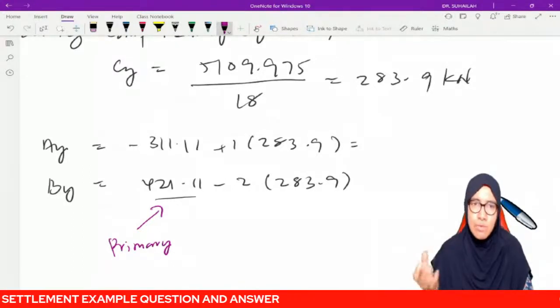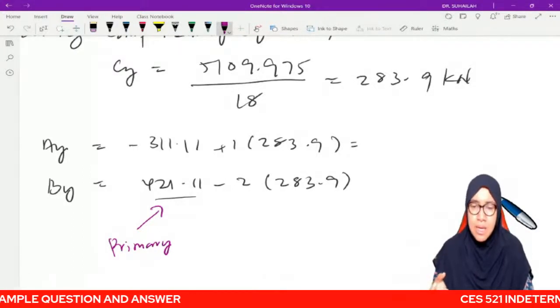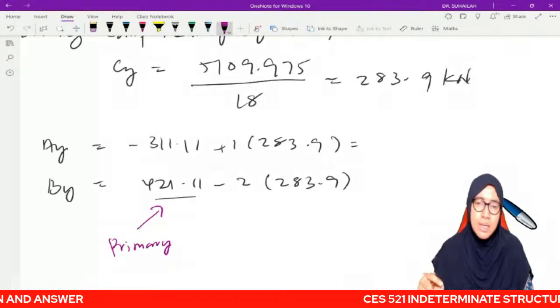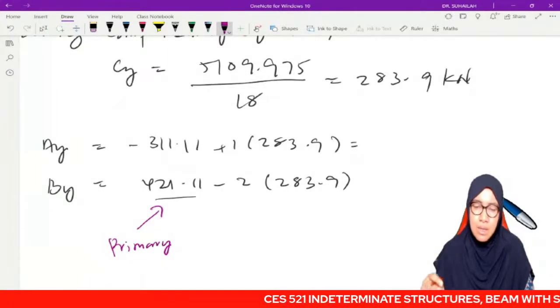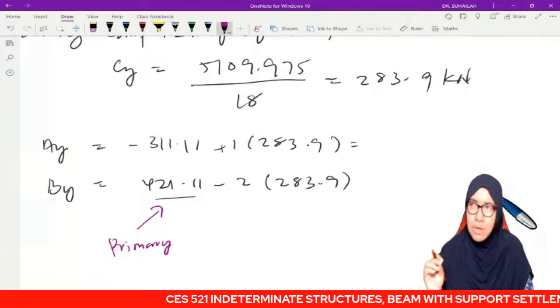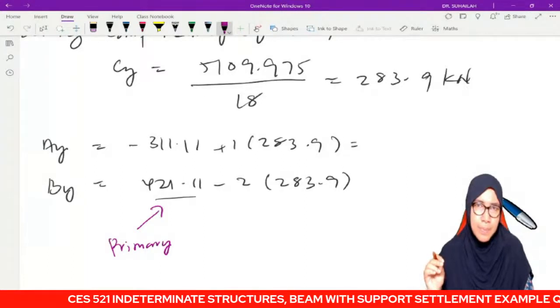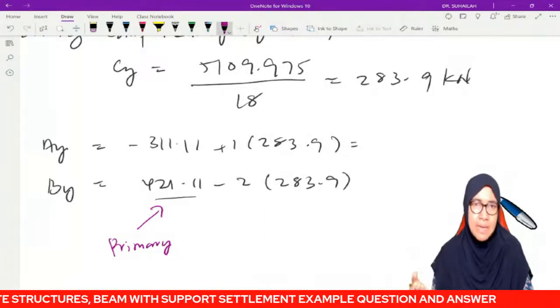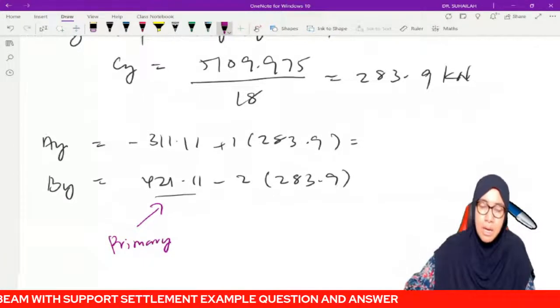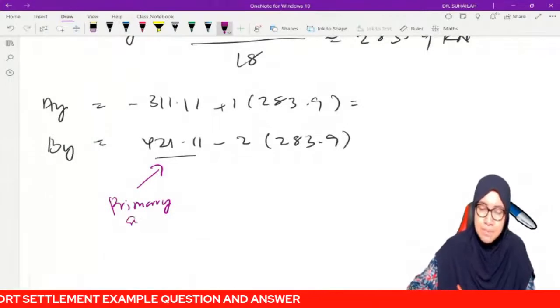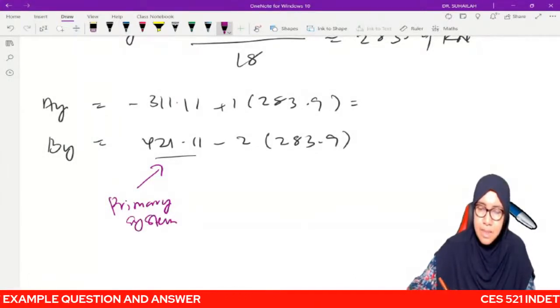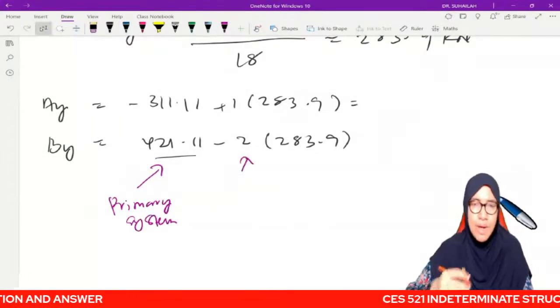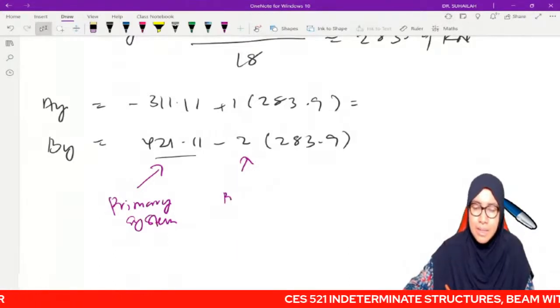The other way to calculate the reaction is to use the principle of superposition, besides calculating the remaining reaction using the equilibrium equation. The first term is from the primary system, and this is the BY which comes from the redundant system.